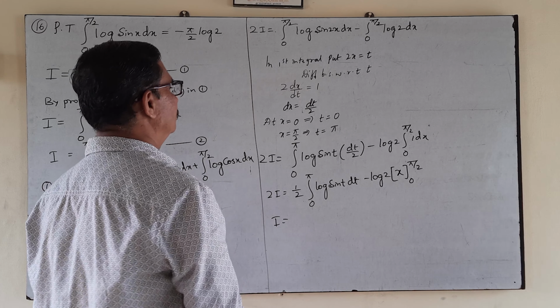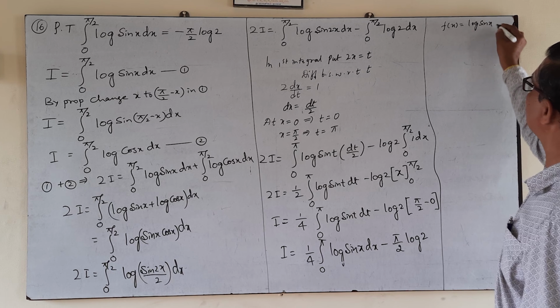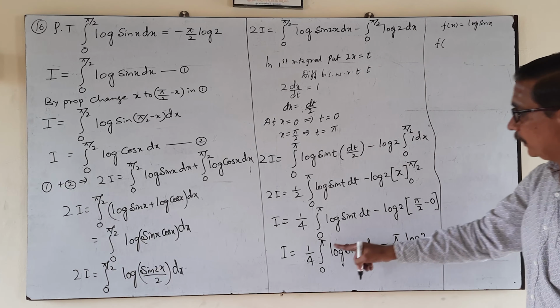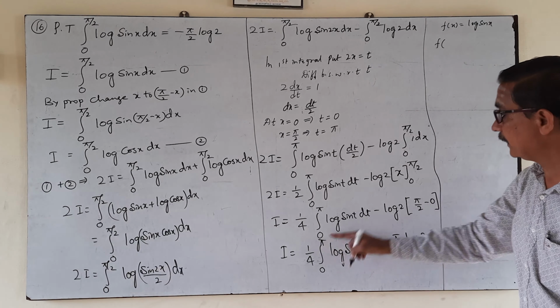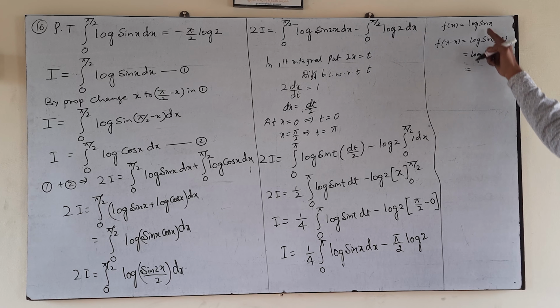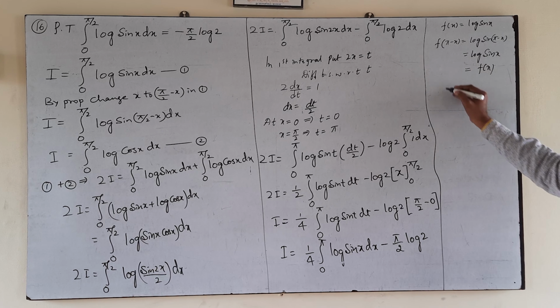When does this apply? Now here let f of x equal to the given data, log of sin x. Now replace: f of 2a minus x, where 2a is pi, so f of pi minus x is equal to log of sin of pi minus x, that is log of sin of 180 minus x. The ratios remain the same; 180 minus x lies in the second quadrant, where sin and cosec are positive, so we get log sin x, which is nothing but the given data f of x.